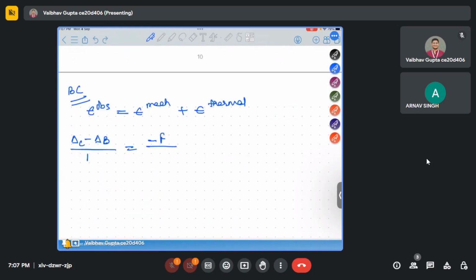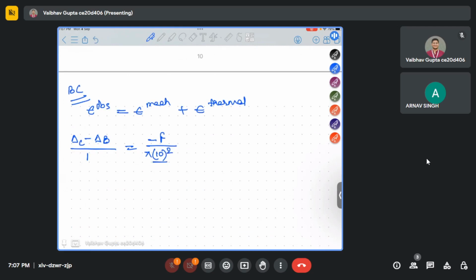So minus F upon A. A is pi into 10 square by 4 into 10 to the power minus 6 meter square. E is given as 70 GPa, which is nothing but 70 into 10 to the power 6 kilonewton per meter square. This is epsilon mechanical plus alpha.